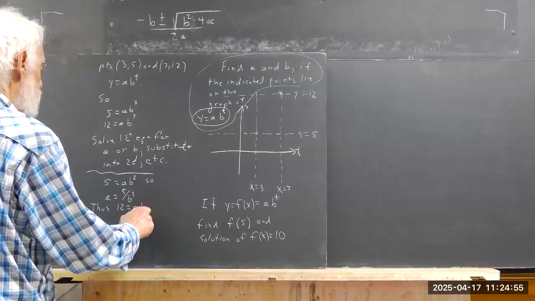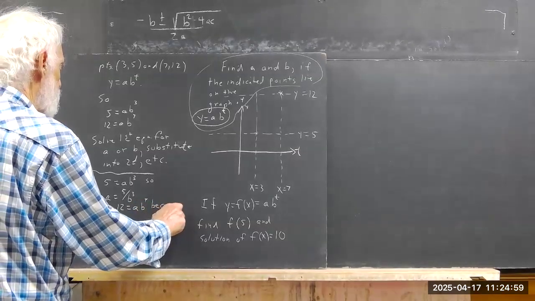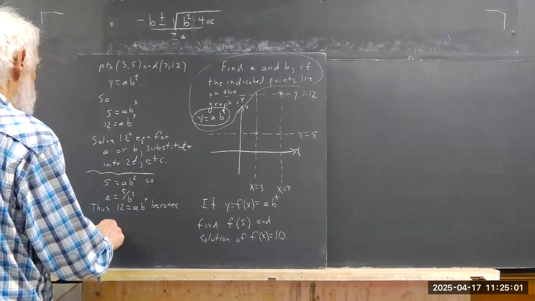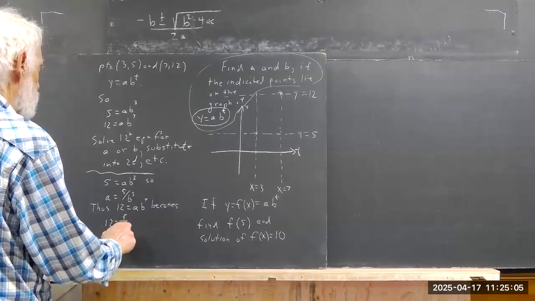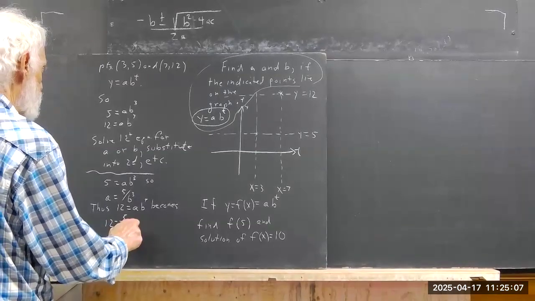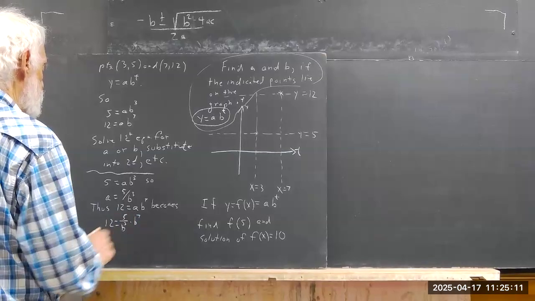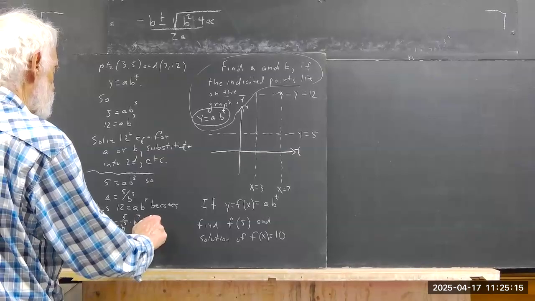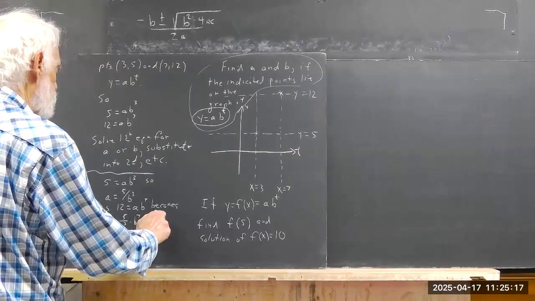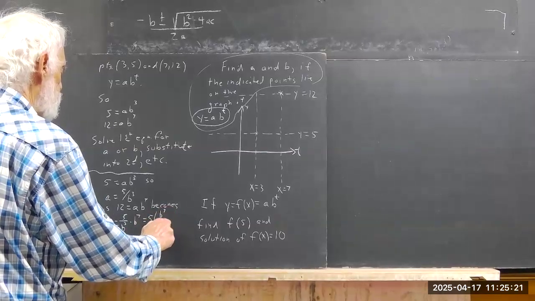Twelve equals a b to the seventh becomes 12 equals 5 over b cubed times b to the seventh, which is b to the 7th over b cubed.